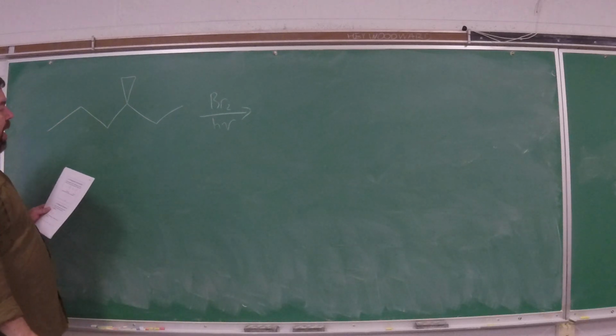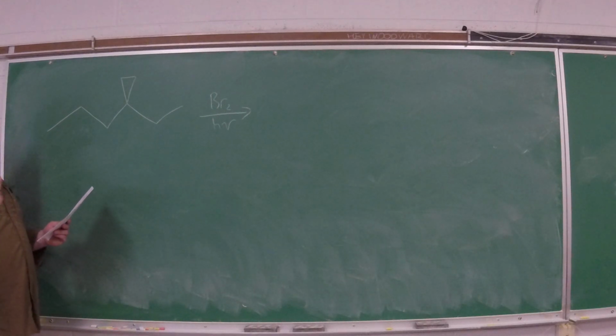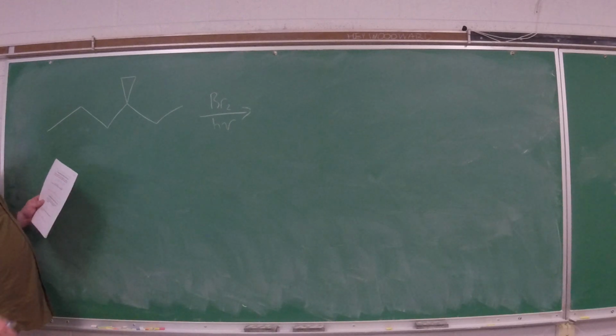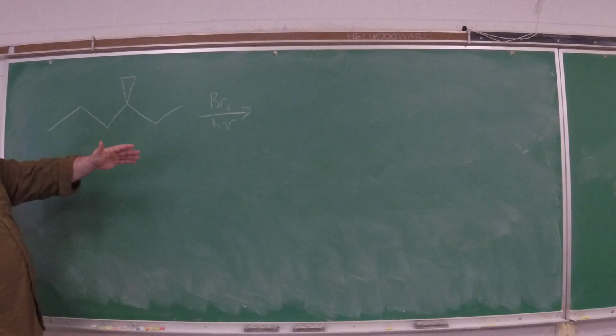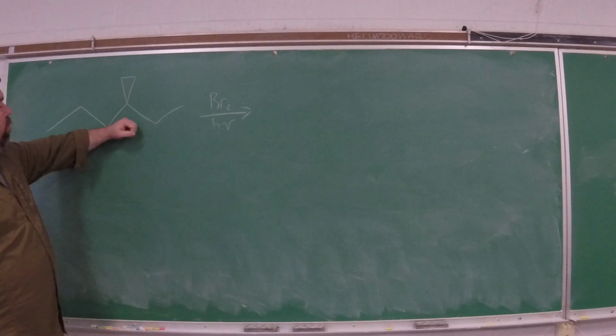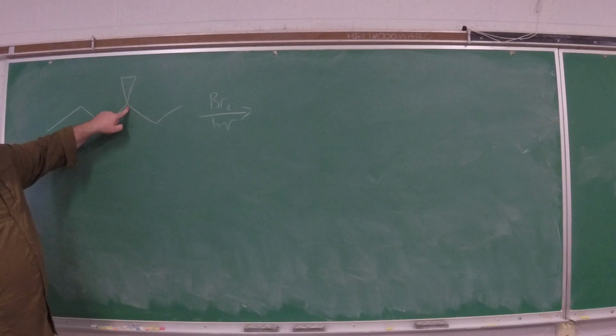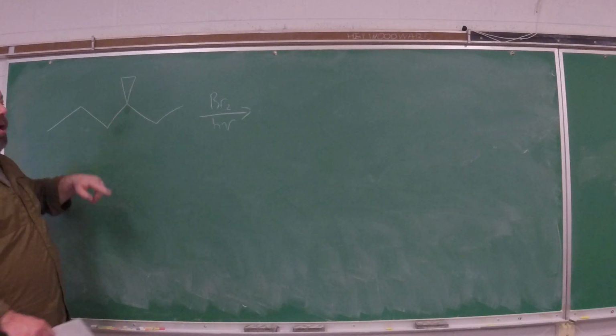Let's do that, okay? Again, I told you this is not stereospecific. So with this, regioselectivity, where are you going to lose your hydrogen from? There. Since it's bromine, it's more regioselective. So basically you're going to get one product. We're going to draw the major product. Now here we already have a chiral center, right? But once I lose that proton, it doesn't matter. I can come from either side. Thus, I'm going to once again get a racemic mixture.